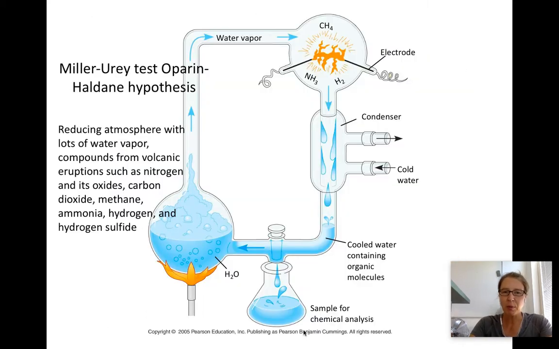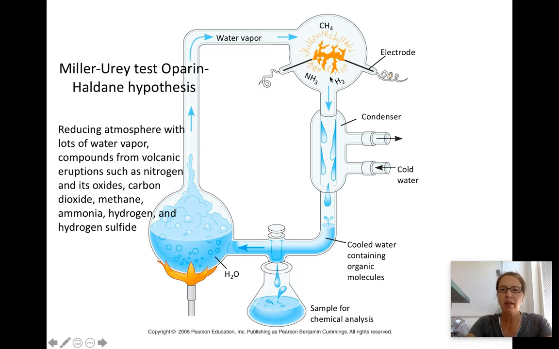So one of the first experiments was with Miller and Urey, and they were testing a hypothesis by another set of scientists called Oparin and Haldane. And they believed that early Earth's atmosphere was very reducing, again, water vapor, nitrogen and oxides, carbon dioxide, methane, so ammonia even.